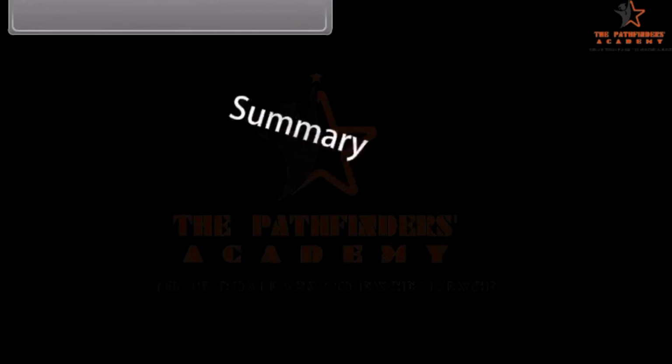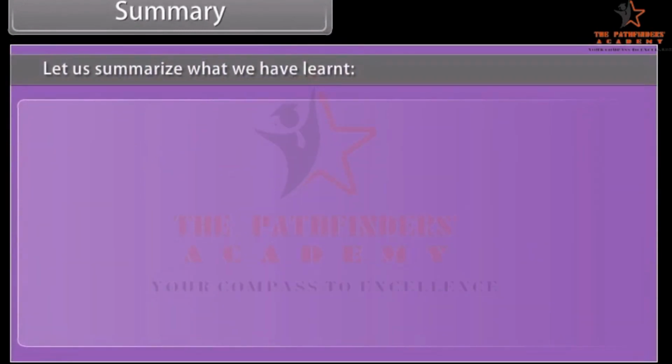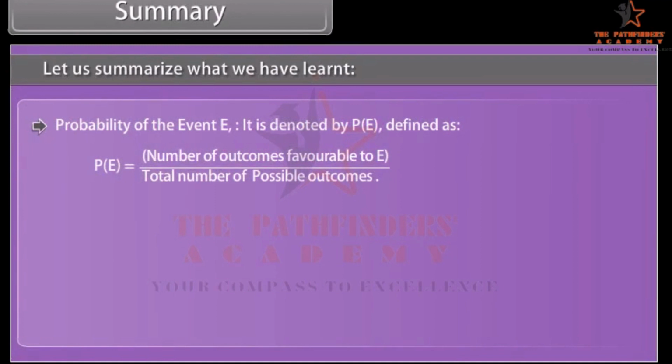Summary. Let us summarize what we have learned. Probability of the event E, denoted by P(E), is defined as P(E) equals number of outcomes favorable to E by total number of possible outcomes.